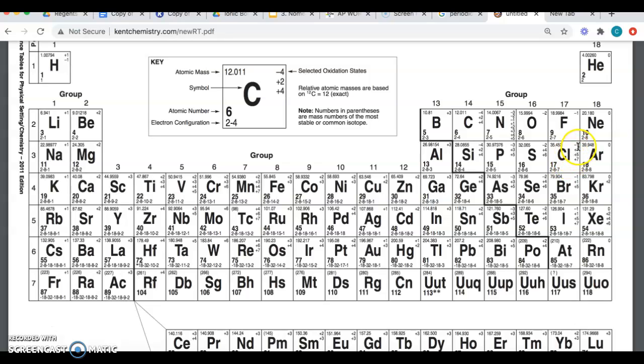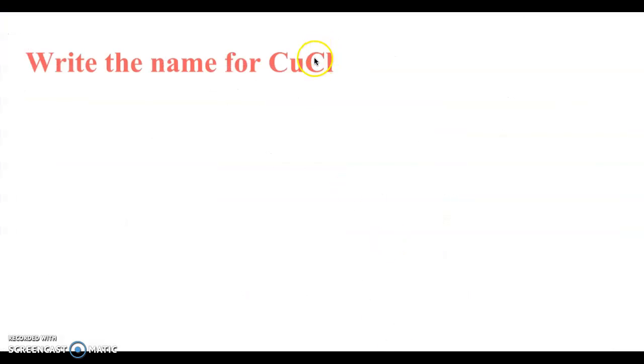That means if chlorine is a -1 charge and we're looking at copper and they're in a 1-to-1 ratio, it's going to be a +1 charge for copper. So if we undo our crisscross, we would know this is +1 and this is -1. So we have copper, the name of our cation, Roman numeral 1 as the charge, chloride, still dropping the ending of chlorine and adding IDE to the ending.